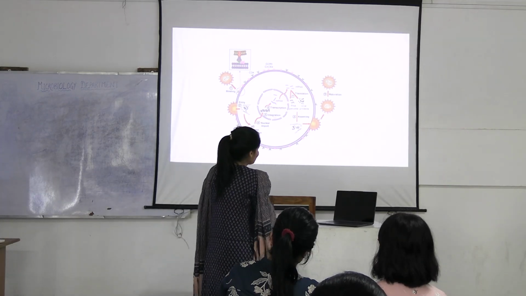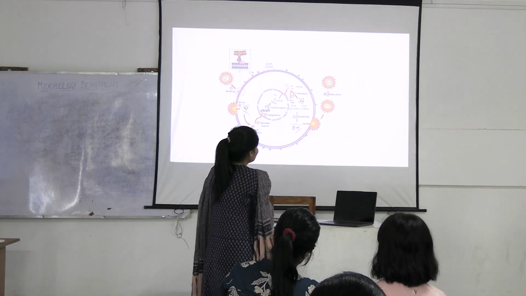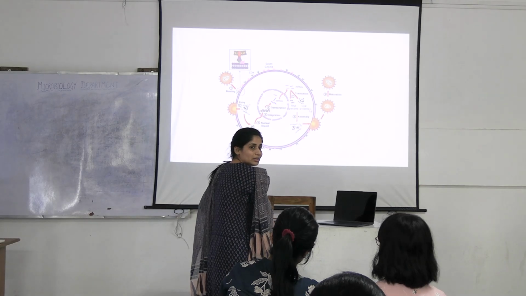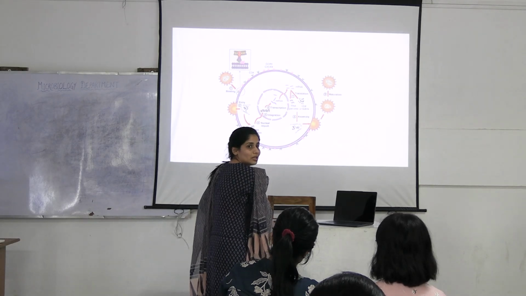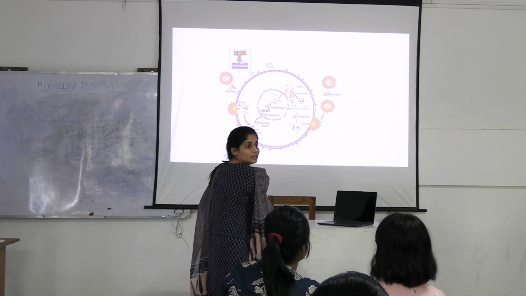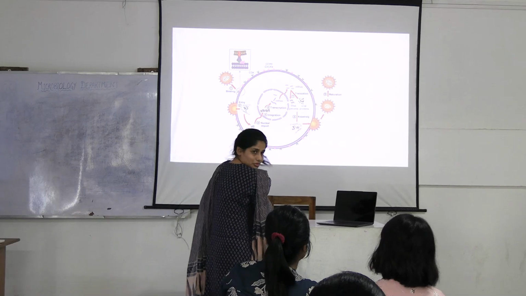Then all those steps take place, the maturation will happen and it keeps on replicating inside the cell, and ultimately the cell will undergo lysis, which is why the CD4 T-cell count is less in an HIV infected person. Understood? This you understood?